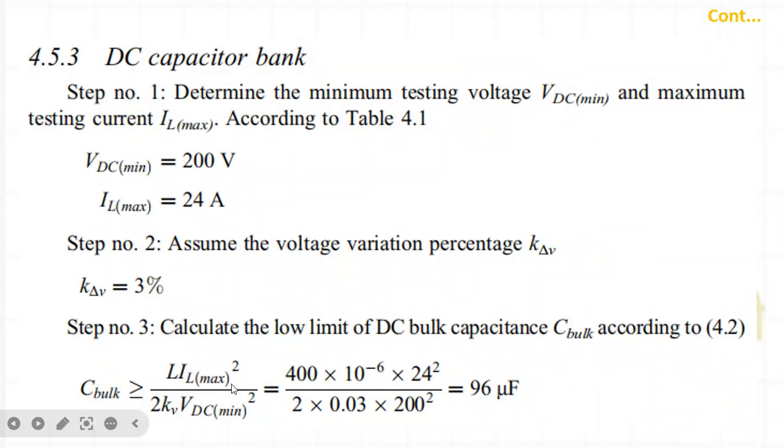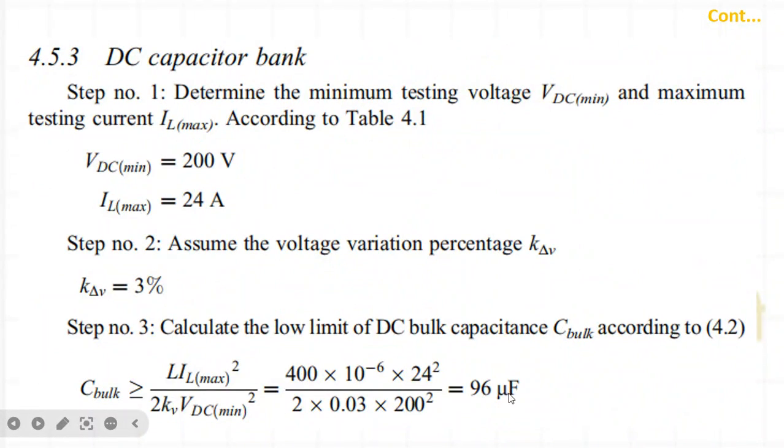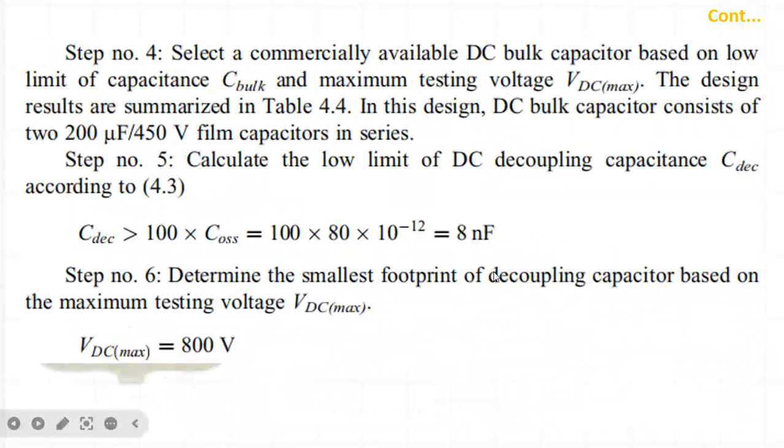So L into IL maximum squared, divided by 2 into kV into VDC minimum, and based on that I calculated the C bulk value. It comes to nearly 96 microfarad. This is how we calculate it. In the inductor we took VDC maximum and IL minimum, but in the capacitance calculation we took VDC minimum and IL maximum, put in the values, and calculated C bulk.